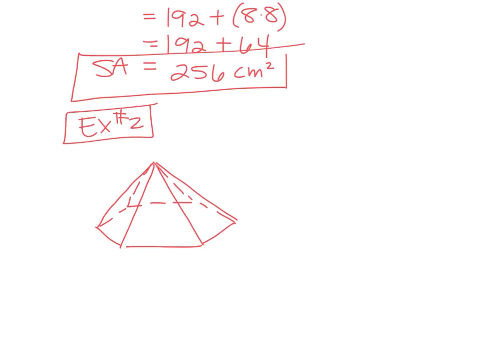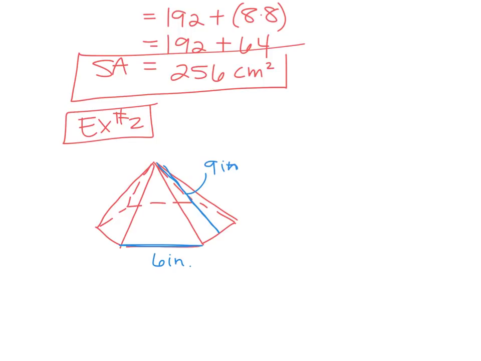They tell us that this right here, so our slant height is 9 inches, and this side here is 6 inches. Okay, it's a regular hexagonal pyramid, and we want lateral area and surface area, and we're going to round it to nearest inch because there's going to be some radicals in here. We're not going to go simplest radical right now.